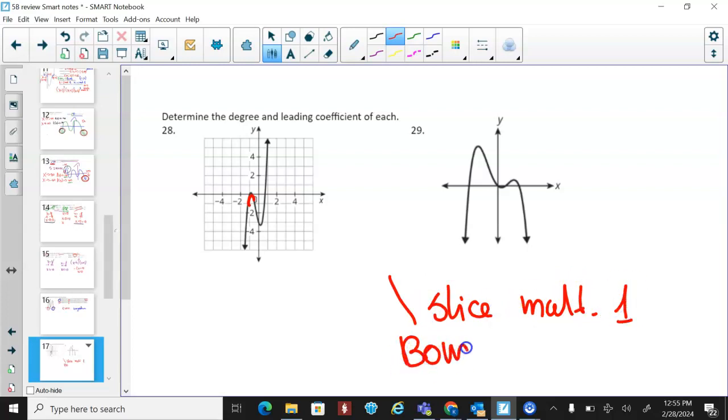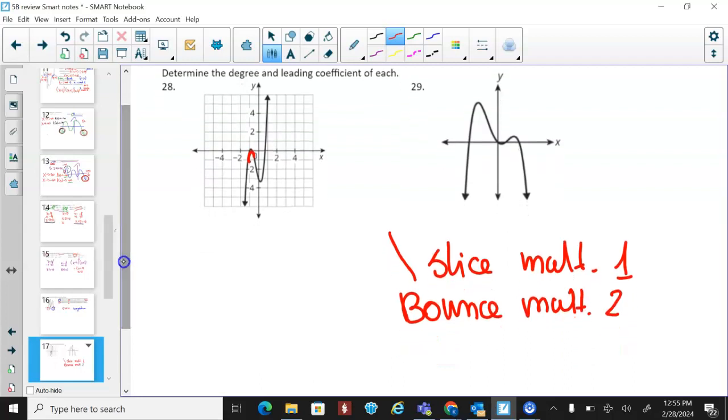A bounce is a multiplicity of 2. And then a slide, a bounce will be like this, and then a slide is a multiplicity of 3. Okay, that's a slide.